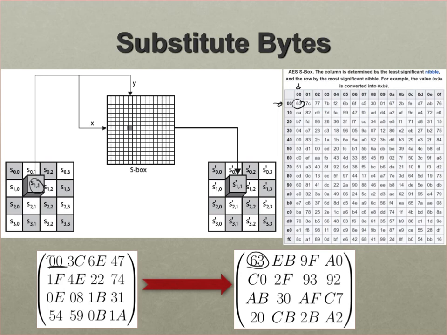So we put 63. This is fixed, it's publicly available. Same thing, you get 3 C, so this is 3 and C. You go here, EB, you put EB, and so on. Very simple. And we keep doing that. So we come up with the new state matrix.